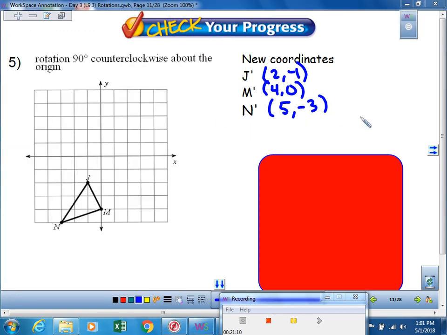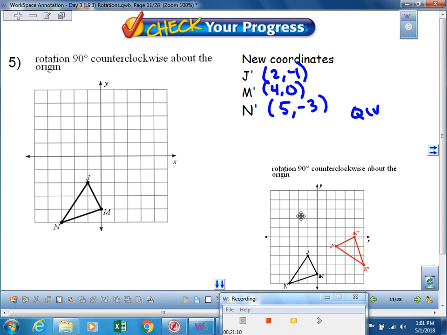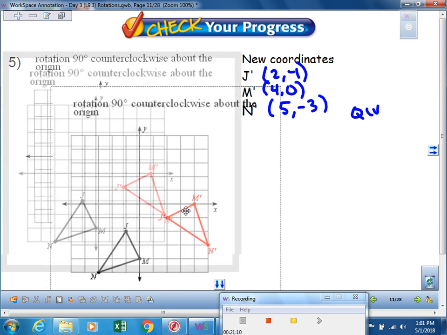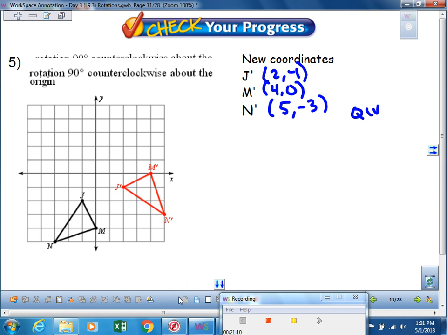So then you just plot them, and it should look like this. Does it look like that? Any questions?